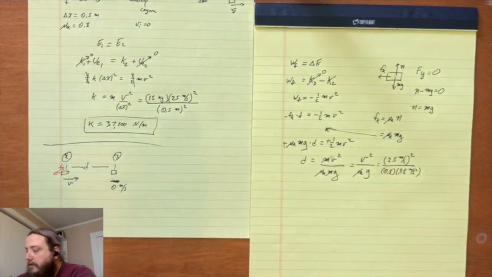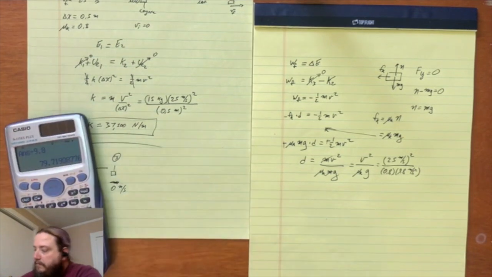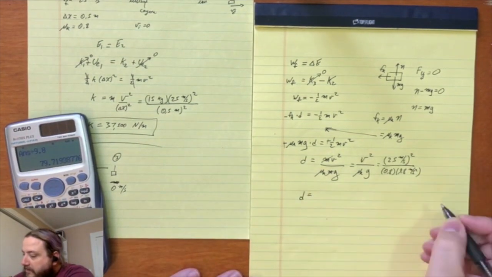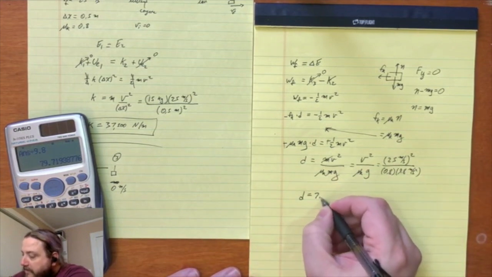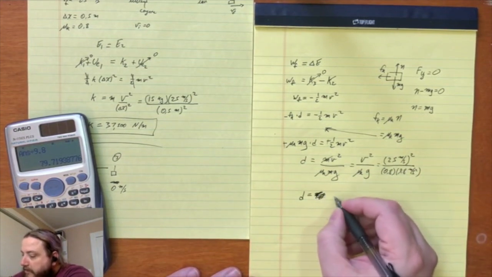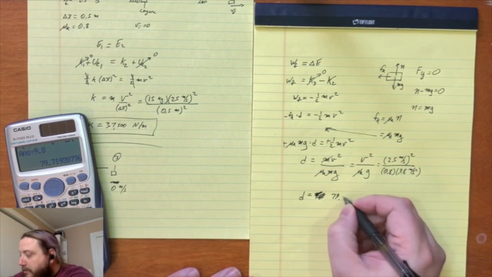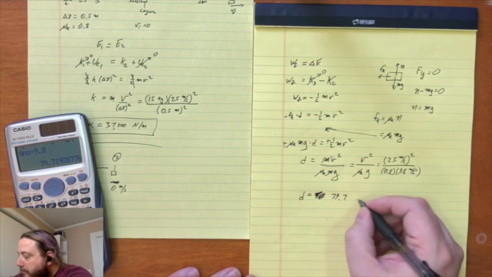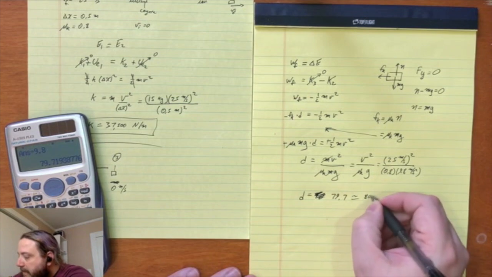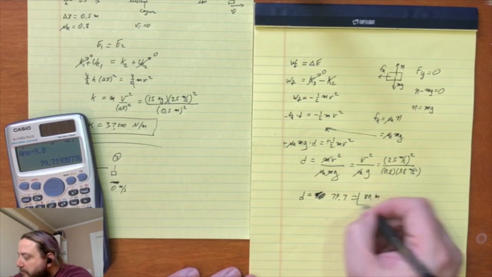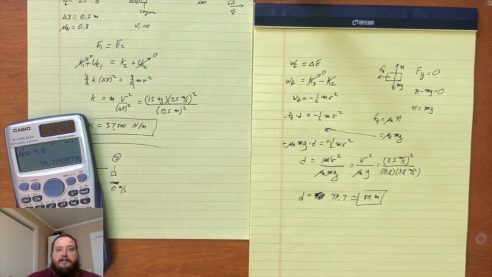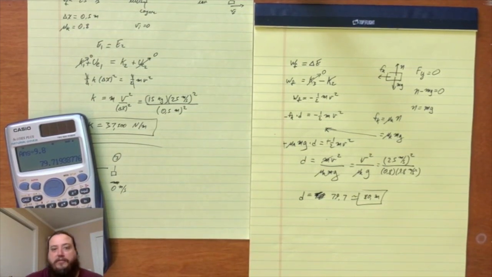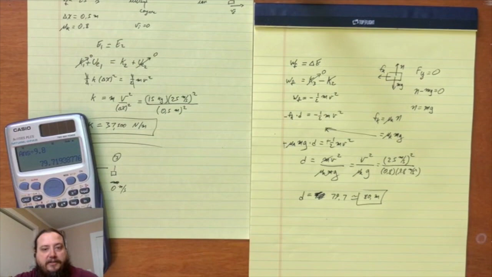And so 25 squared divided by 0.8 divided by 9.8 gives us a distance here of 79.7 or 80 meters is how far he would slide once the friction started to set in.